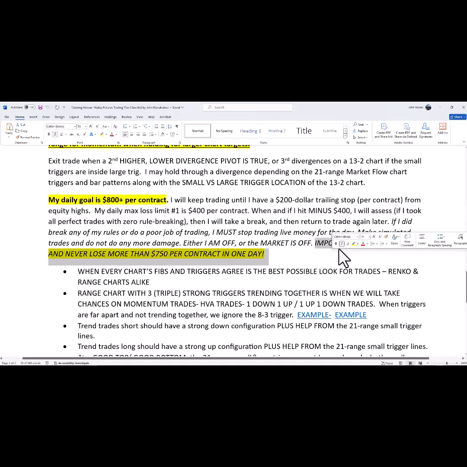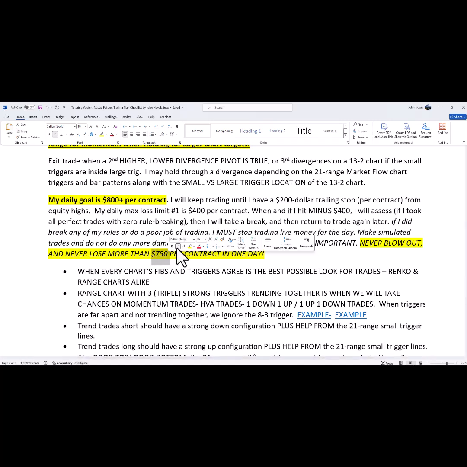It's the same $350. So if you get back in and you lose another $350, then you say, all right, I'm just off today. So you're basically max risking at $750 a contract if you do everything right, and if you do wrong trades, then your max loss should be $400 a contract, which is really easy to get to, especially on the S&P. It doesn't take a lot to get to down 400.